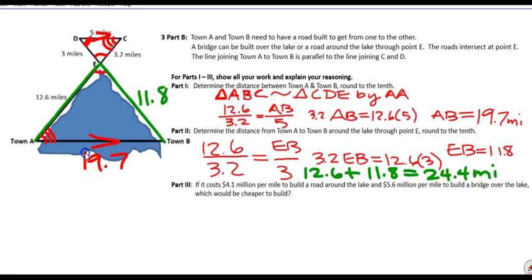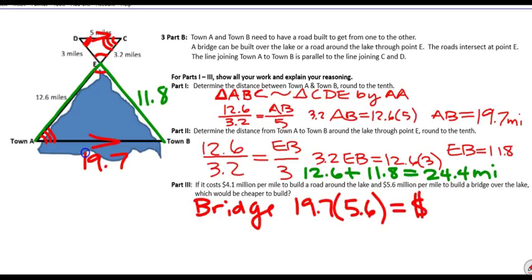If we're talking about building the bridge, that would be 19.7 times 5.6, and that is 110.32 million.